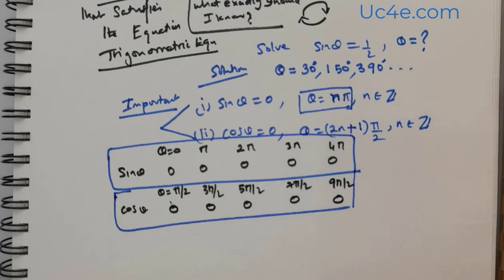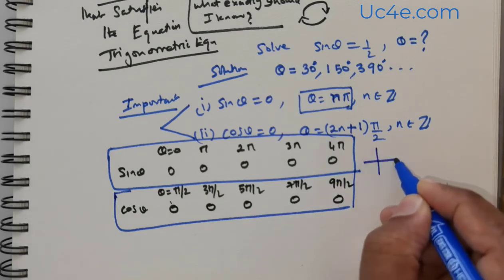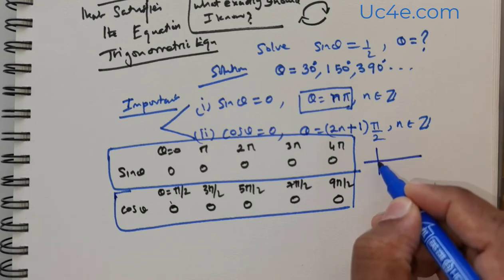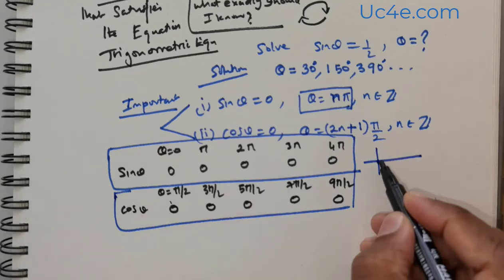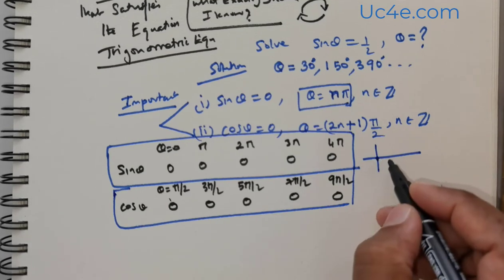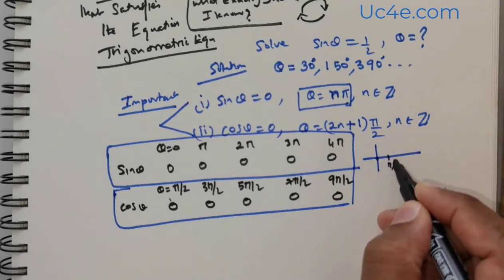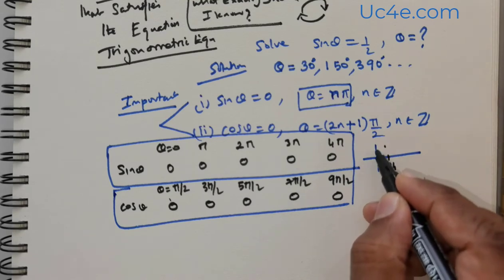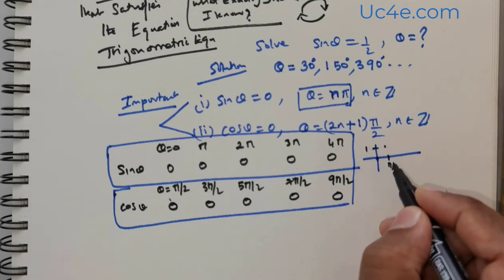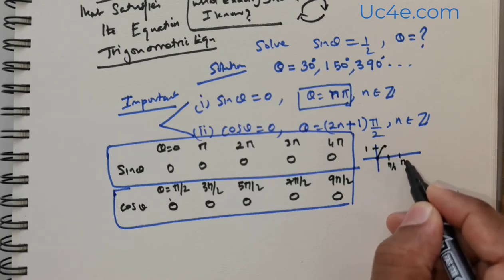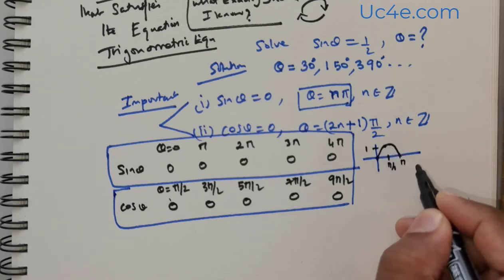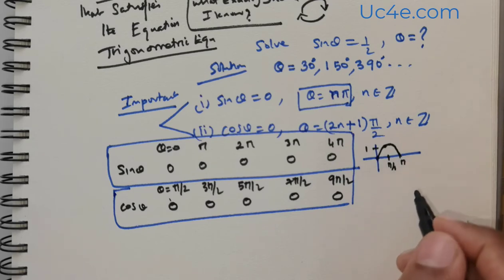So this is clearly visible from the graph, right? If you were to draw the graph of sine, sine 0 is 0. It starts here. Let me show you that. Then at pi over 2 it will hit 1. So this is the maximum value that sine will take. At pi it will just come down and hit 0.